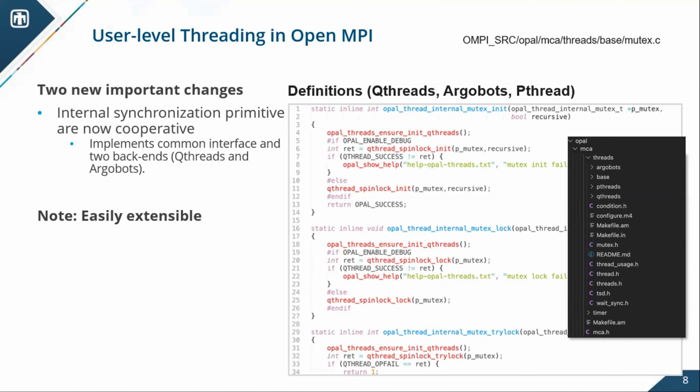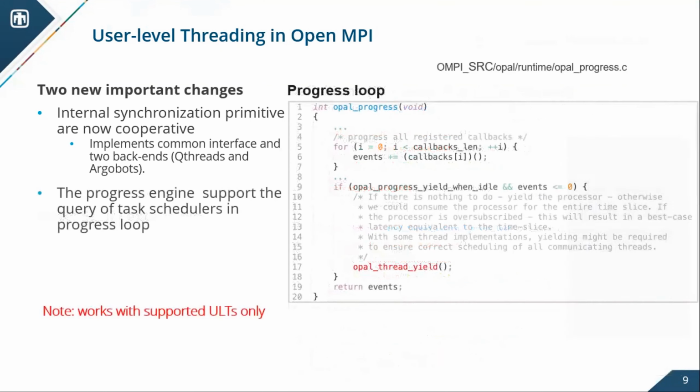If we have an implementation that is aware of the threading model, in this case QThreads, it is the responsibility of the threading model to not block and not cause any deadlocks. For example, here the QThread spin lock would internally yield the execution of that calling task and invoke the task scheduler in order to schedule some other ready task in order to guarantee progress.